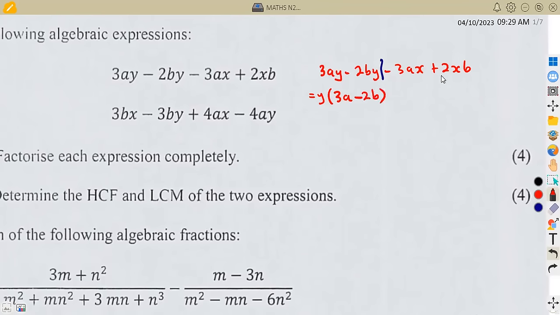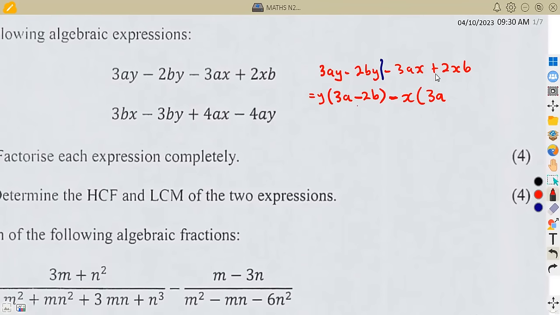On the other part, x is also common, but take note here, this is a positive 3a, and here we've got a negative 3a. So to make this a positive, we are going to factor out negative x, so that minus 3ax, minus and minus will cancel, x and x will cancel, you remain with positive 3a. Remember, the issue is to make sure that these 2 brackets are the same.